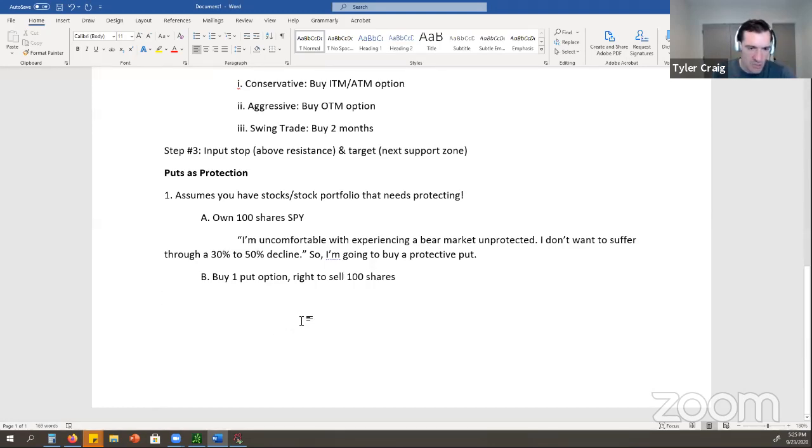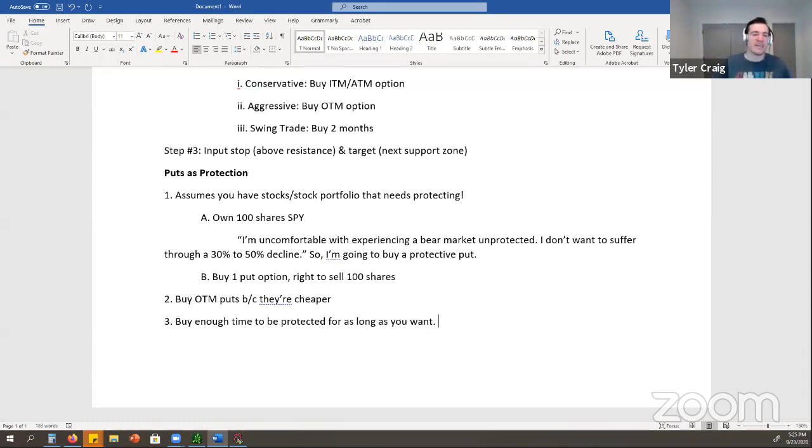And actually, in general, we usually buy out of the money puts because they're cheaper when we're buying insurance. And then you usually buy enough time to be protected for as long as you want.